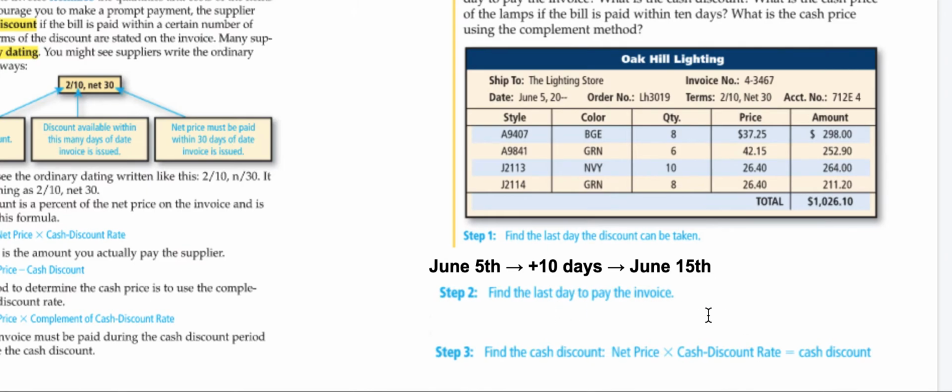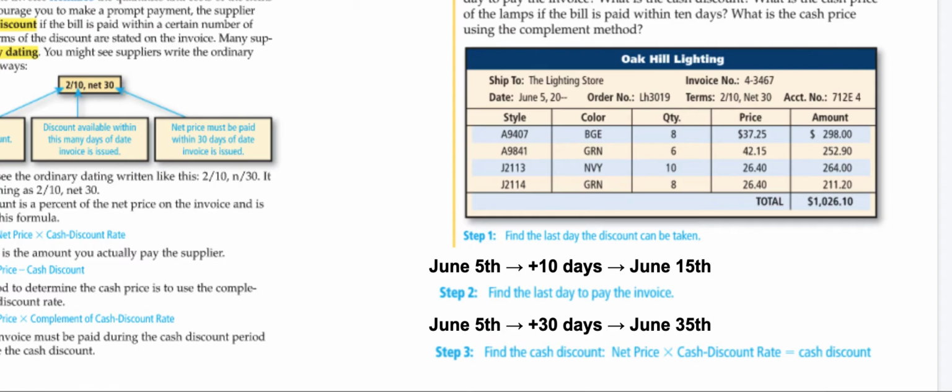All right, the next one, we want to find the last day you can actually pay the invoice. June 5th, once again, was when we had the invoice written. This net 30 stands for the days that you have to pay it off, so plus 30 days. When you add that together, you get June 35th. But June 35th doesn't exist.